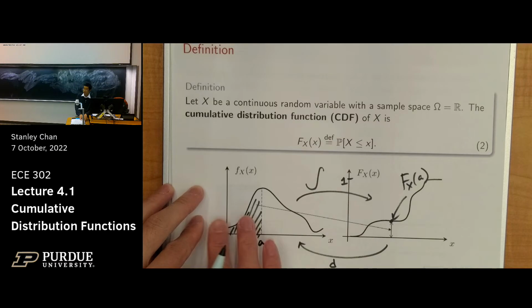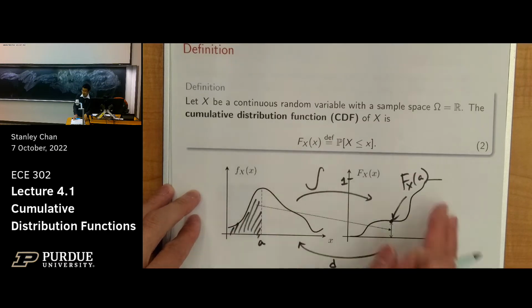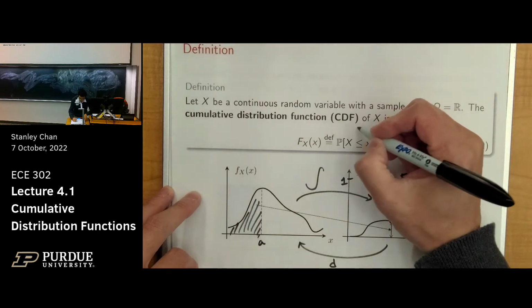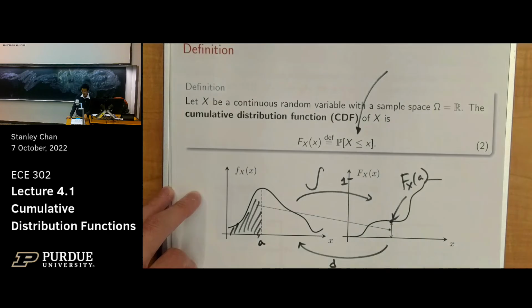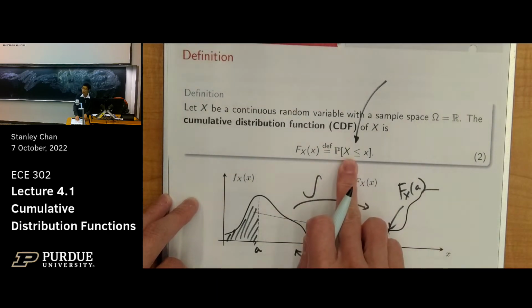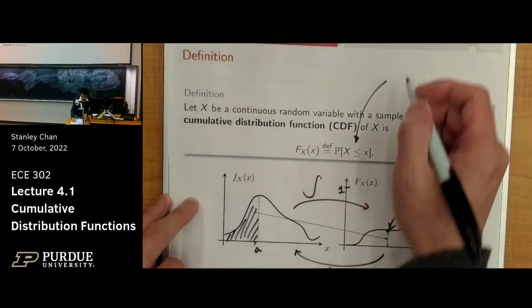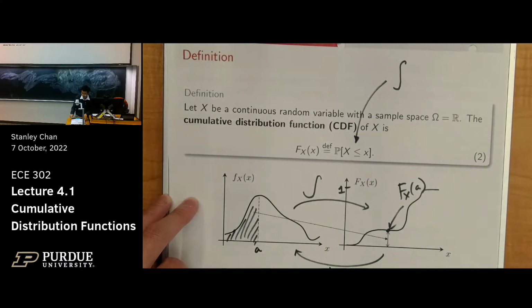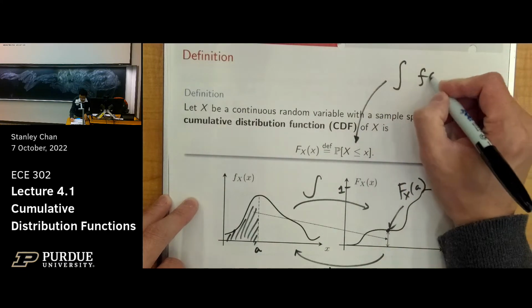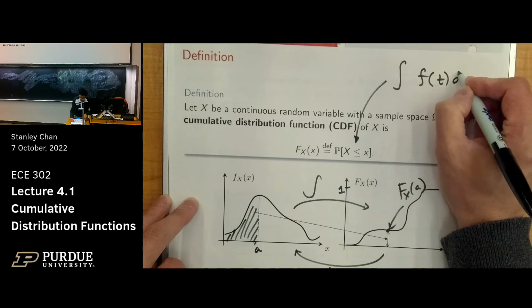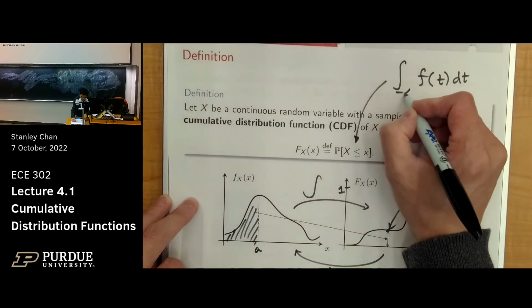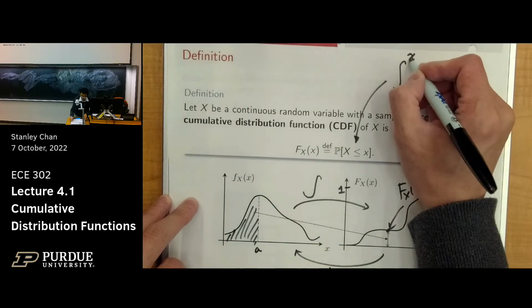The relationship going from the left-hand side to the right-hand side is an integration, and going from the right-hand side to the left-hand side is a differentiation. The definition is the probability of a random variable up to a state x. So it would be the integration of some f of t, dt, from -infinity all the way to x.